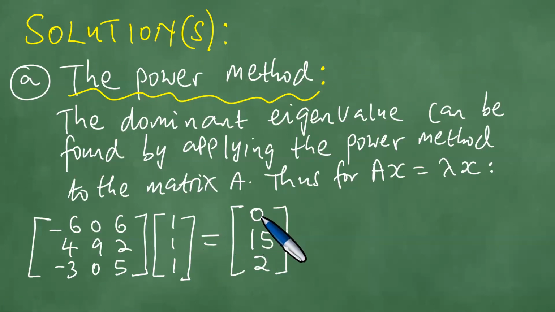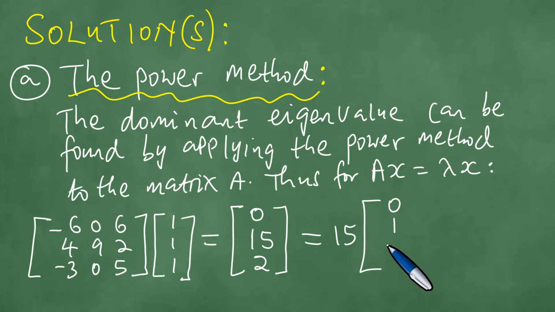Now there's a 0 here, which we cannot change, but we can factor out 15, the largest one. Factoring out 15 is going to produce a 0, a 1, and then 2 out of 15.